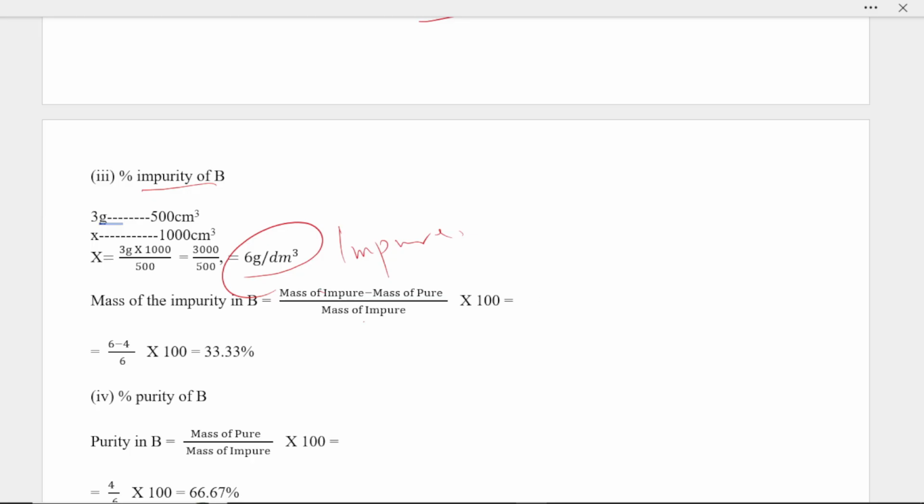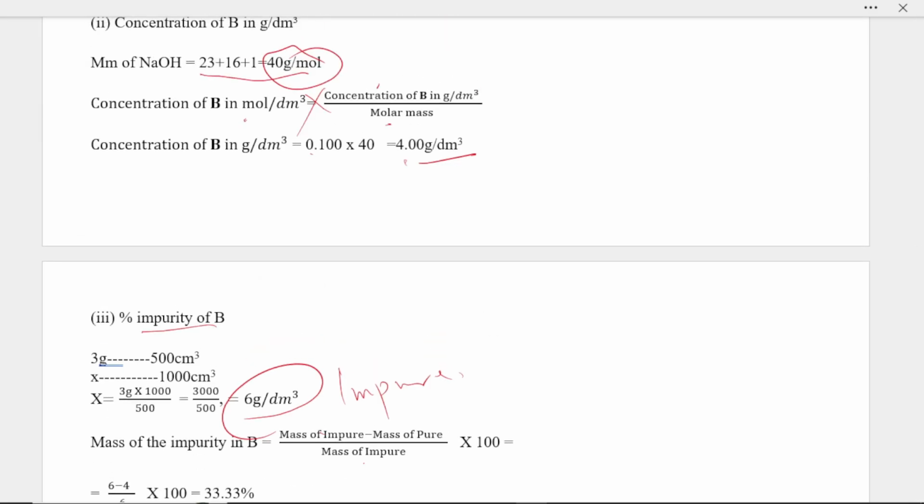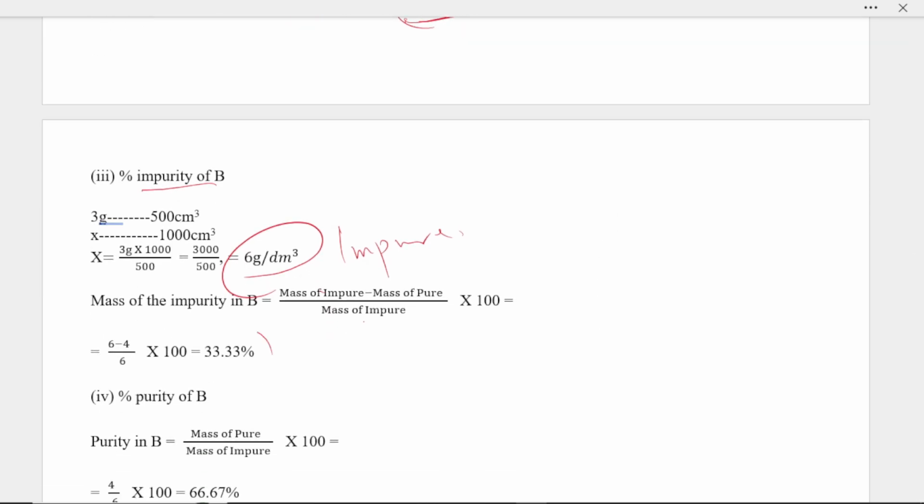Our mass of impure is 6. Our mass of pure is 4. You can see there, that's what you get in the experiment in the lab, 4 gram. So when you do all of that, we're going to have 33.33% as our impurity.